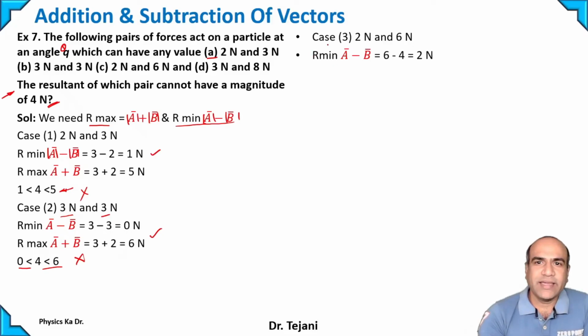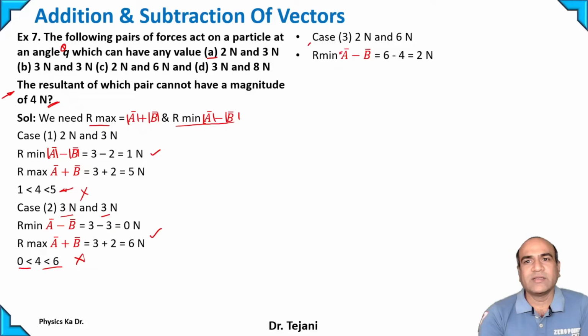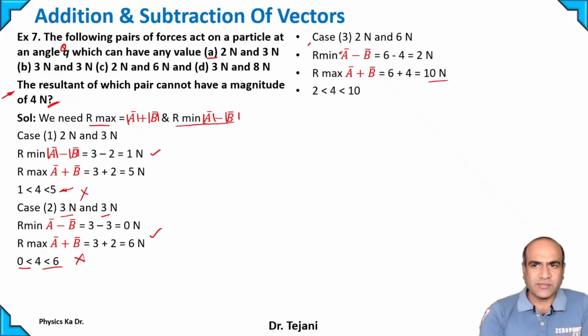Then case number 3, R minimum is equal to 2 Newton, R maximum is equal to 10 Newton. So yes, it is in between. 2 less than 4 less than 10, that means 4 is in between 2 and 10. This is also not a correct answer.